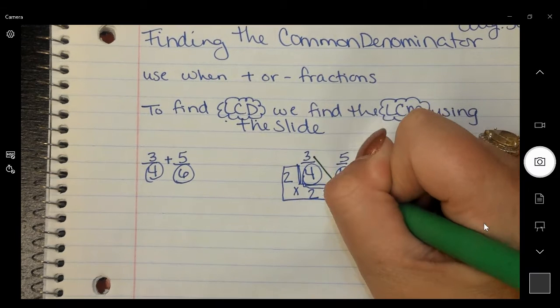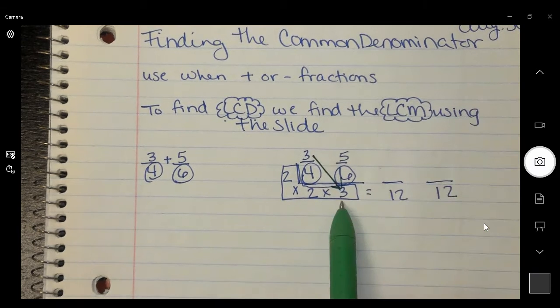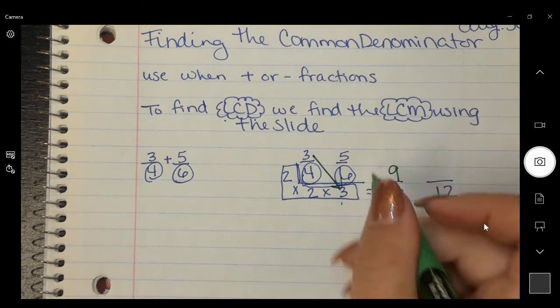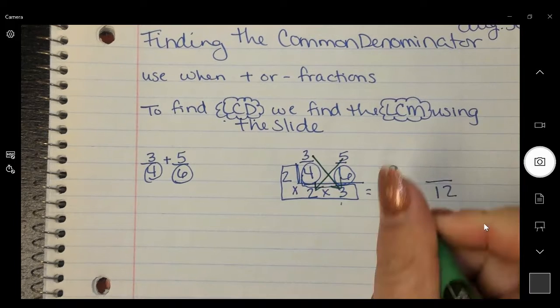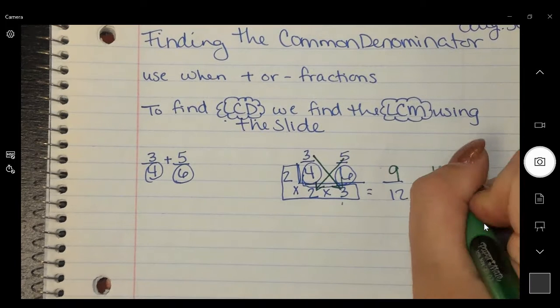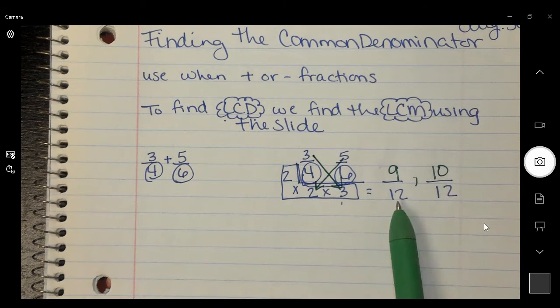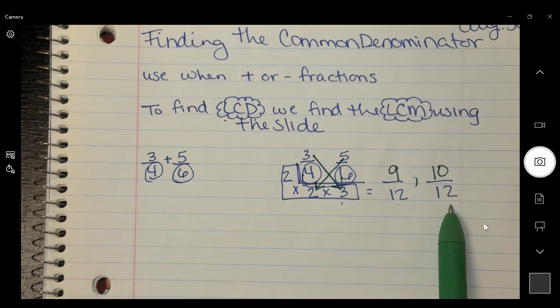I'm going to cross all the way down to the bottom of the slide. And I'm going to go 3 times 3 is 9. And 5 times 2 is 10. And those are my new fractions. We have a common denominator, right?